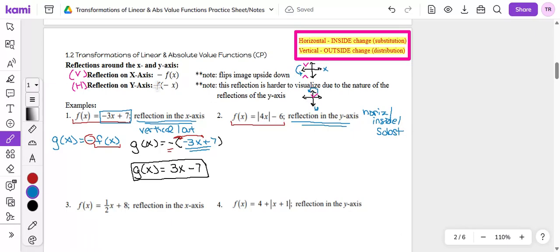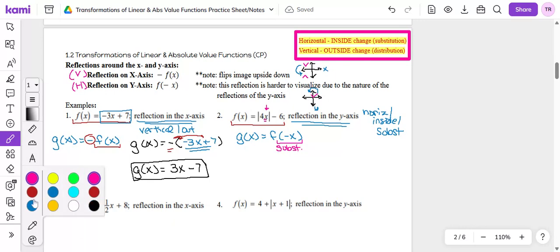I look at my notes. g of x is going to be f of negative x. So like we saw in the translation one, this is what is substituting whatever is inside those parentheses. So I am going to go back to the original equation, and anywhere I see an x, I'm going to substitute this negative x inside of it.